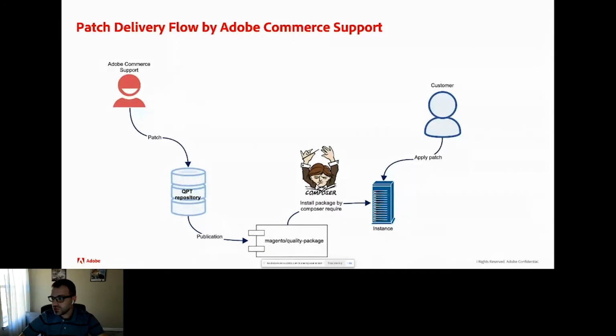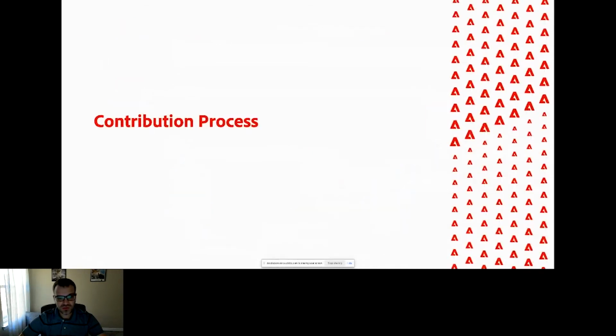So let's move on to the contribution process. But first, before we talk about any changes to the contribution process, I want to go back and see the process we have had for years with direct code contributions.